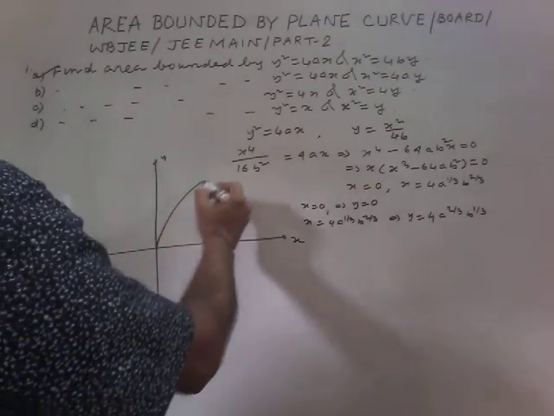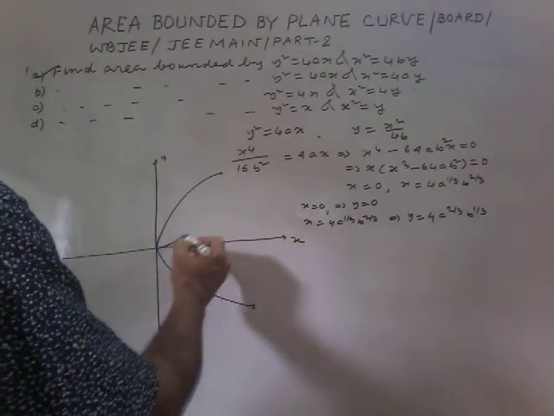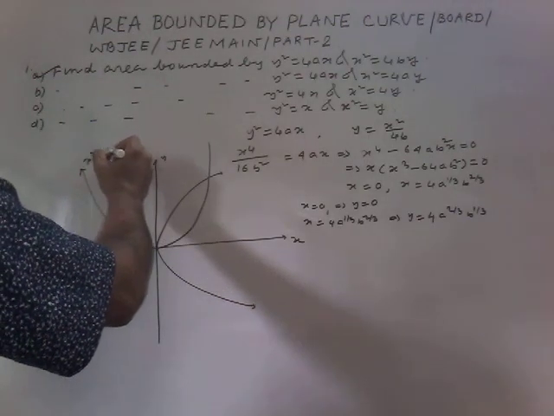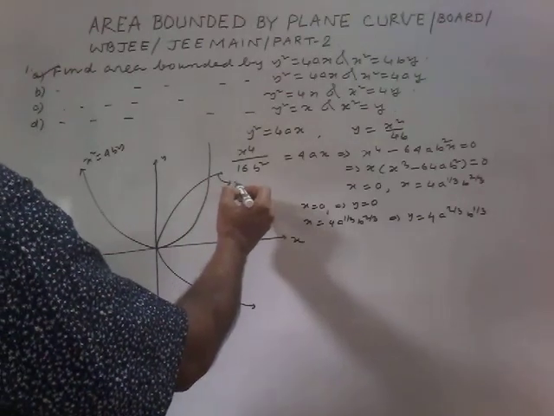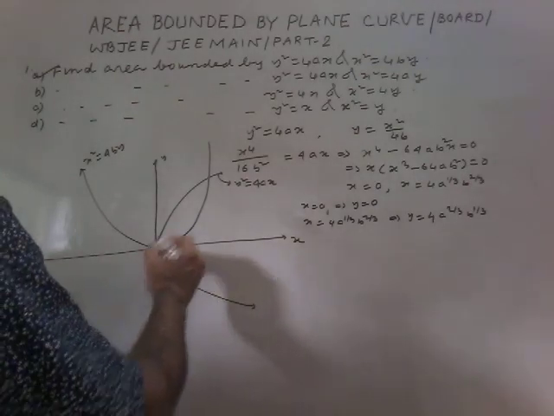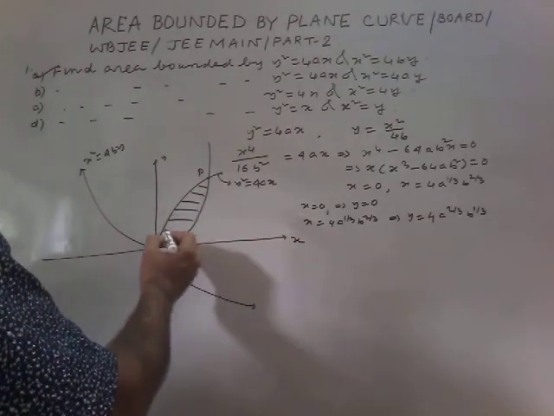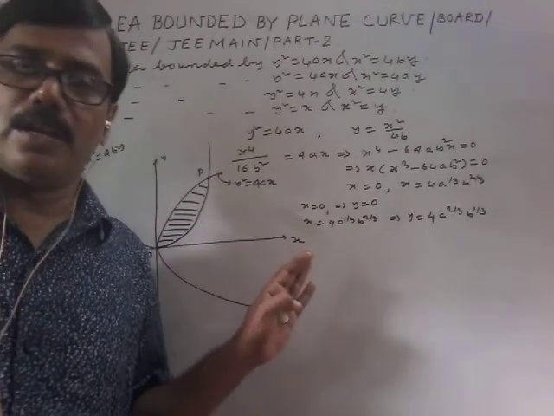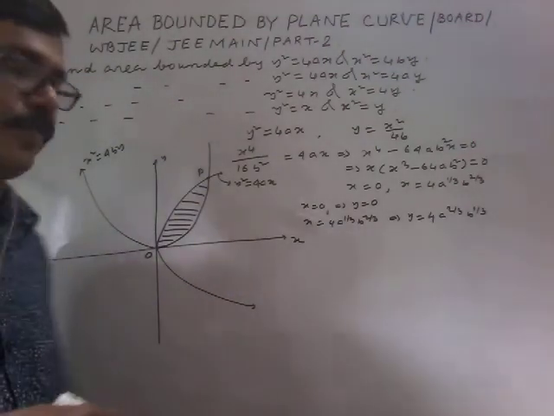Draw y square equals 4ax and x square equals 4by. Look, the two curves intersect at O and P. So this is our area bounded by the two curves, the shaded portion.